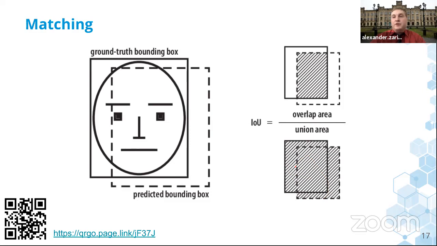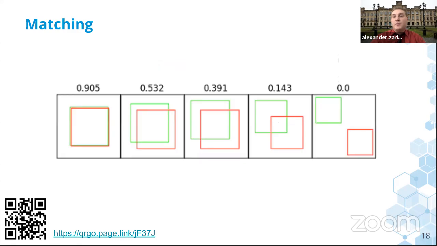Such a simple metric helps us incorporate information about both the relative position of the bounding boxes and their sizes into a single value. As we can see, this value ranges from 0, which corresponds to bounding boxes that do not overlap at all, to 1, which corresponds to fully matched bounding boxes.